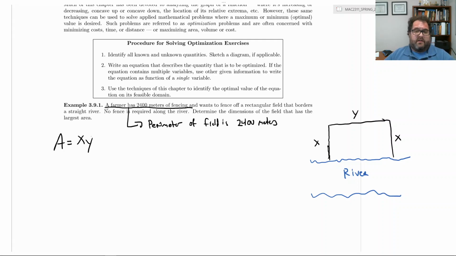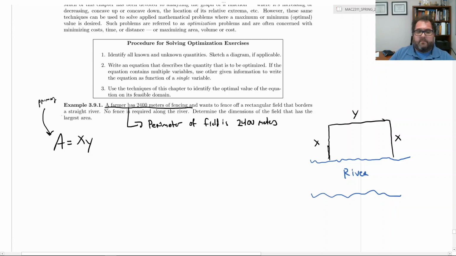Like we want a single variable function. So how might we get a single variable function? By the way, a lot of times we'll call this our primary function or objective function.